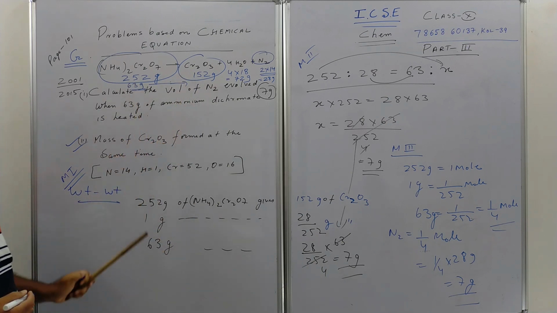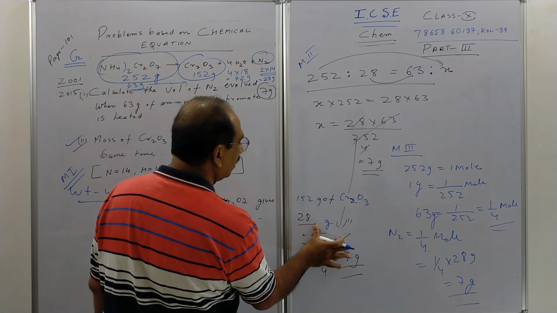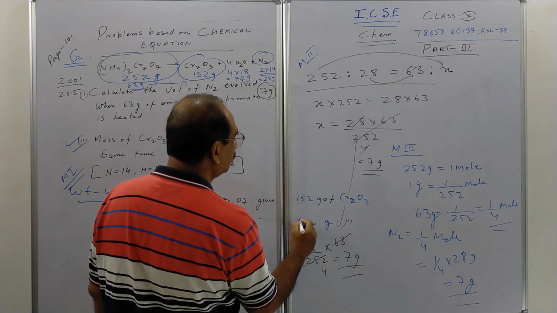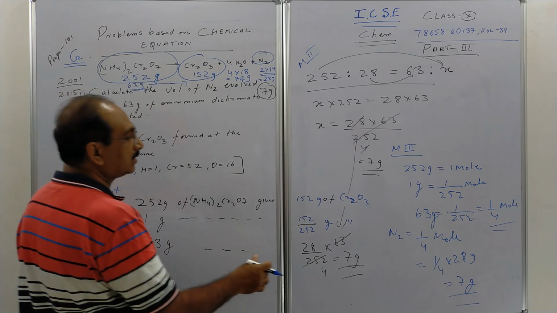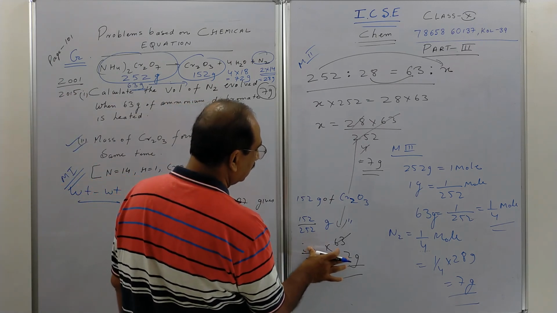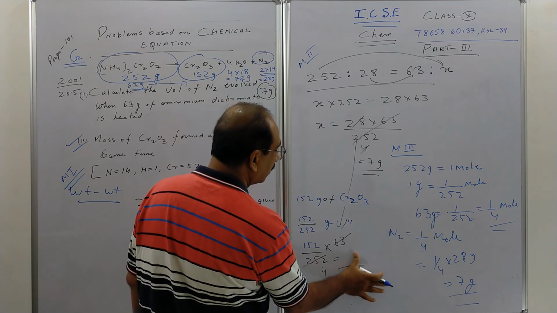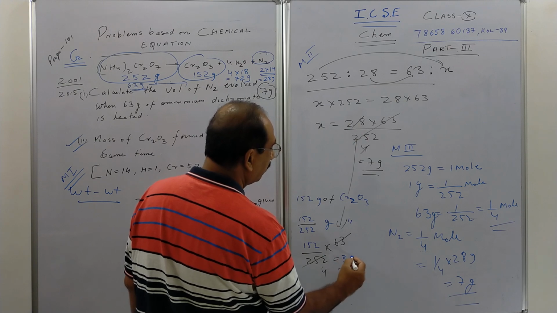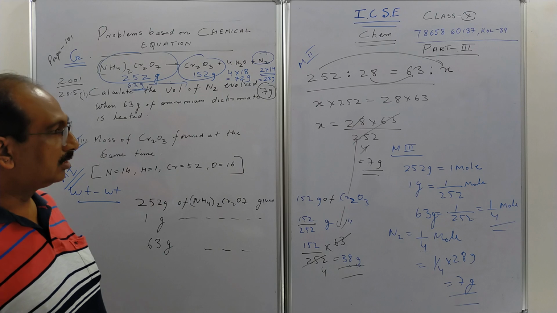So let us see how. 252 gram gives you 152 gram. So 1 gram will give you 152 by 252. So when you take 63 gram, you will get 1/4 of 152. It will be 38 gram. Half is 76, half of half is 38.